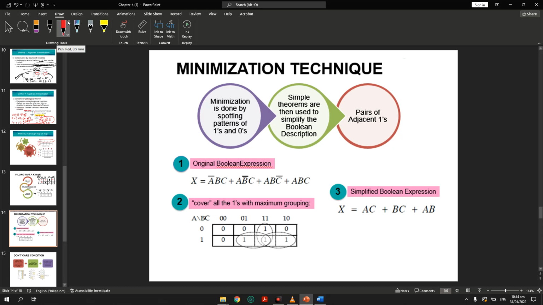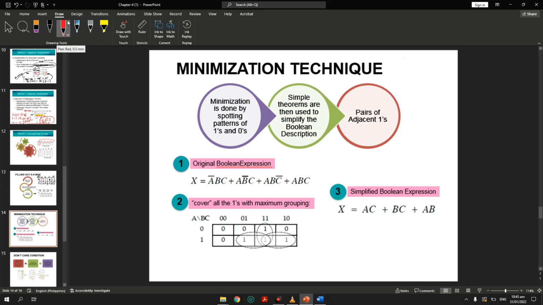And if you want your answer to be in POS, you use the zeros. The second is that simple theorems are used to simplify the Boolean description, and of course, pairs of adjacent ones.